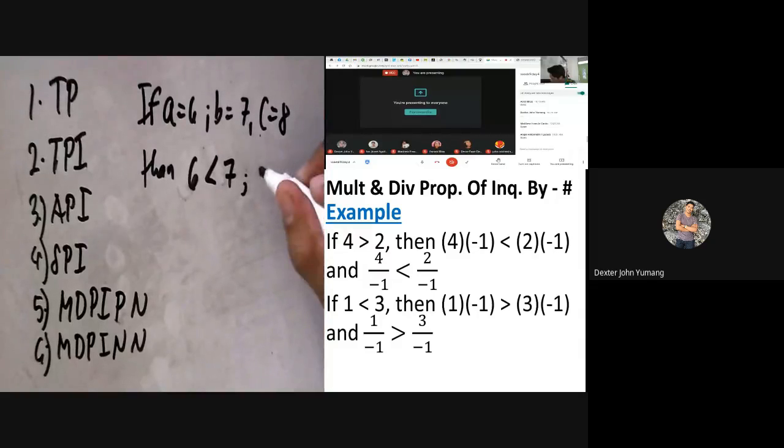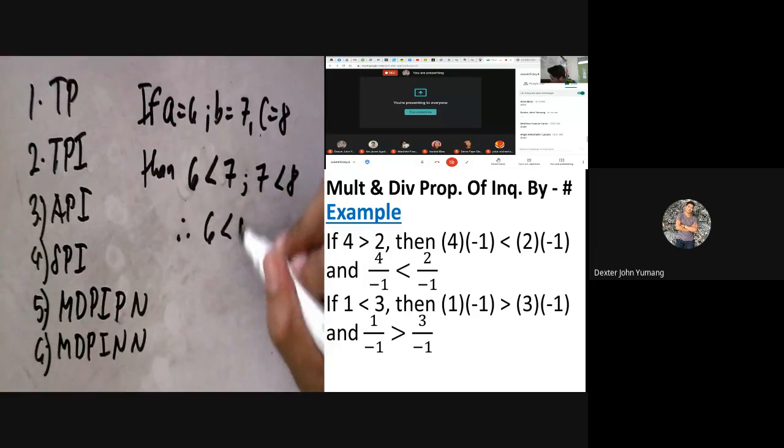Next, 7 is less than 8. Therefore, 6 is less than 8 also. Okay, what property is that? If A is equal to 6, B is equal to 7, and C is equal to 8, then 6 is less than 7, 7 is less than 8, therefore 6 is less than 8. Anong property yan? Please type on the chat box.